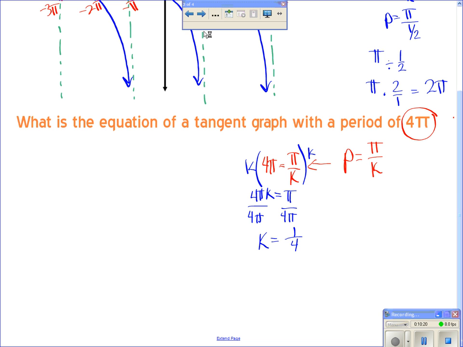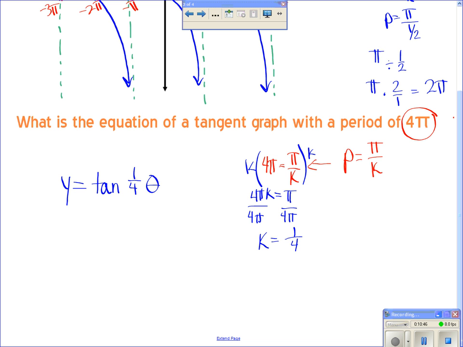So that's all we need in order to write an equation for tan. They didn't tell us the slope of whether it's going up or down, so we always assume it's positive. So we have tan. We just figured out the k value is 1/4, and we put a theta or an x on the end, and that's all they want. So if they give you the period, you just solve for k and put k in the equation. That's it.